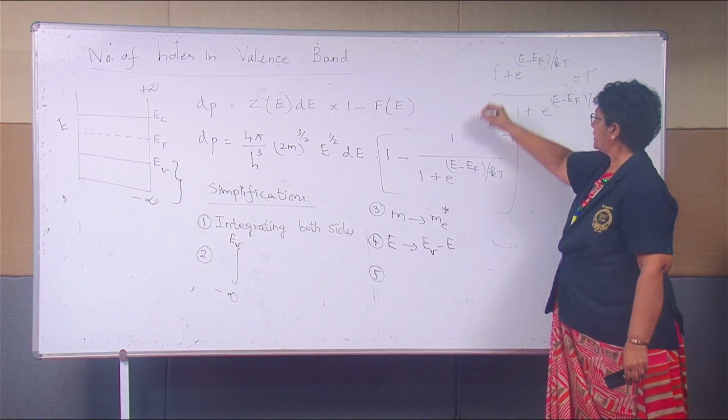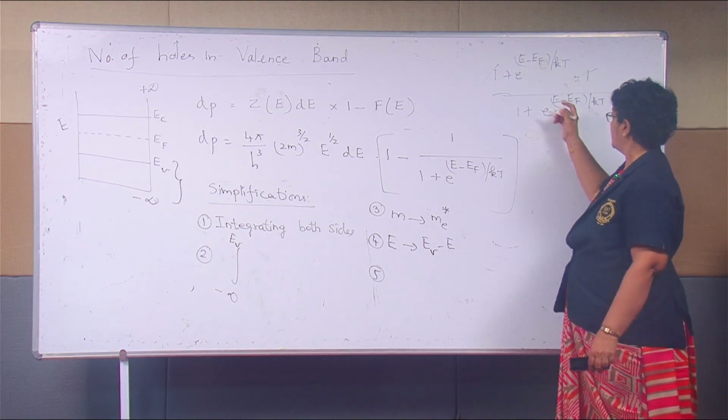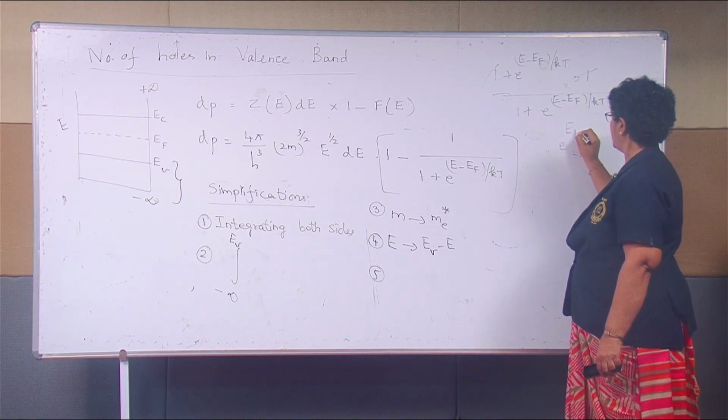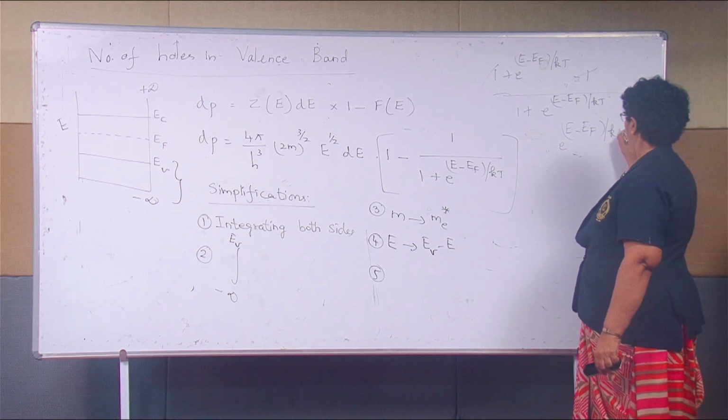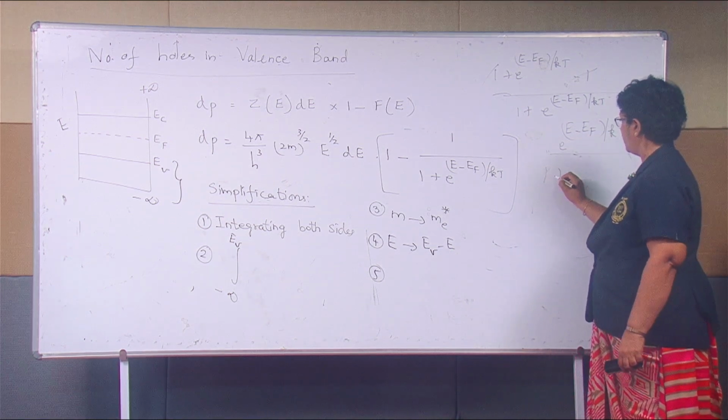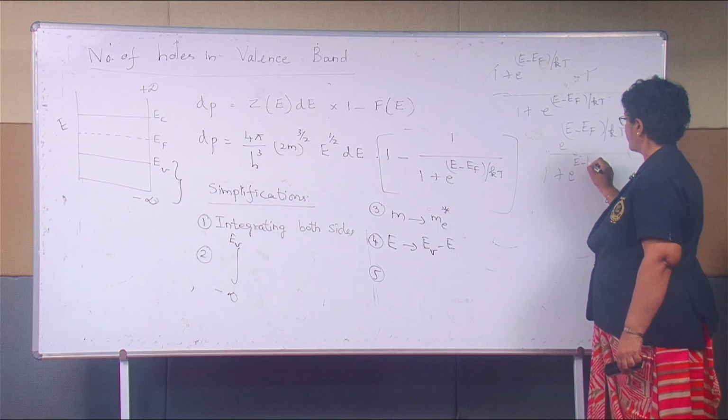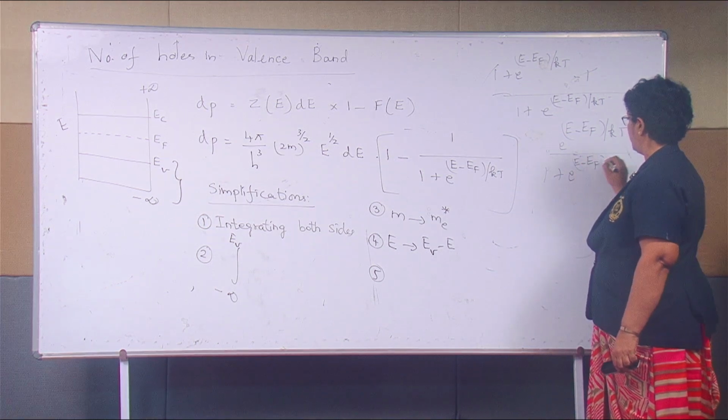So, minus and plus go off. The leftover term will be e to the power of E minus EF by KT divided by 1 plus e to the power of E minus EF by KT.